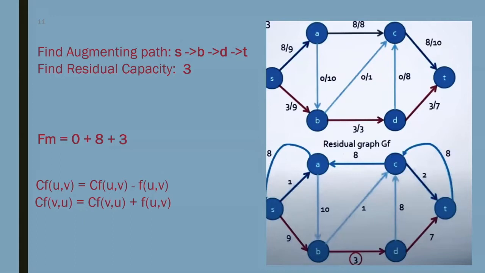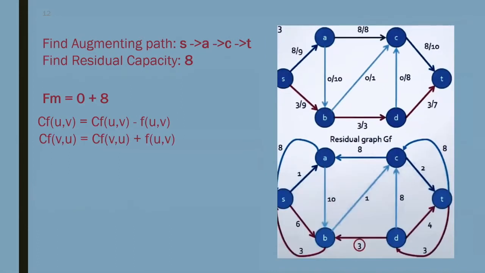Then we do the same as we did before. We add the back edge to every edge in the path only, this time with a plus 3: S B, B D, D T.